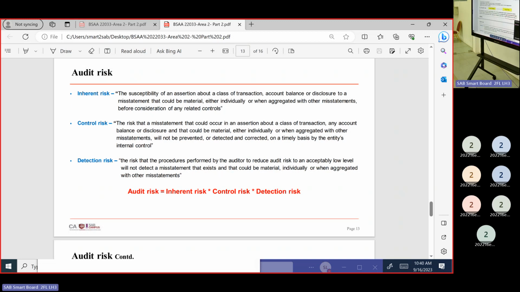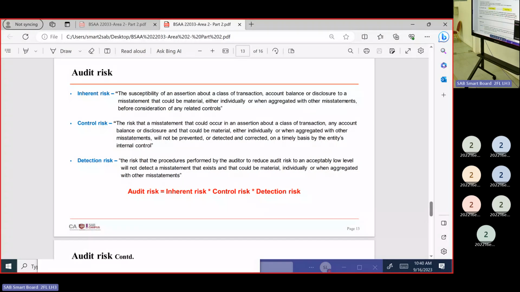Based on the company, we can say, no? Based on the numbers, we can say this is the area where significant risk is there. So we have to evaluate what? Magnitude and likelihood of occurrence.